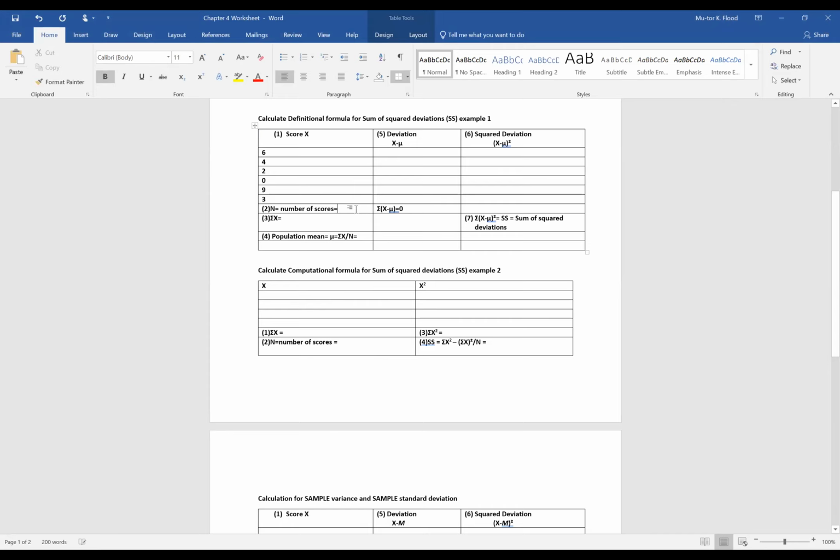The second step, again, is we're going to calculate the number of scores, which is 6. We have 6 scores. And then we're going to calculate our sum of scores. So 6 plus 4 plus 2 plus 0 plus 9 plus 3 is going to give us 24.